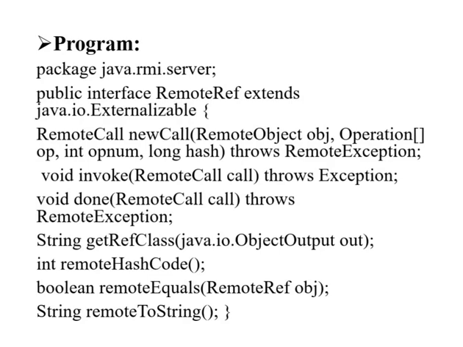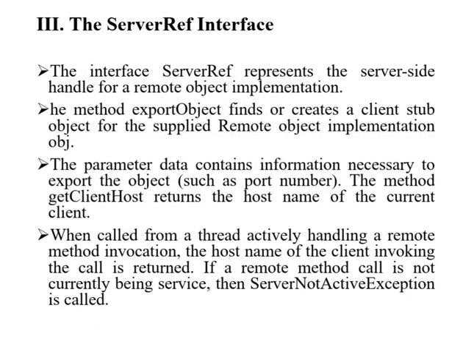The getClientHost method returns the current client host name. When called from the thread actively handling a remote method invocation, the host name of the client invoking the call is returned. If the remote method call is not currently being serviced, then ServerNotActiveException is thrown.